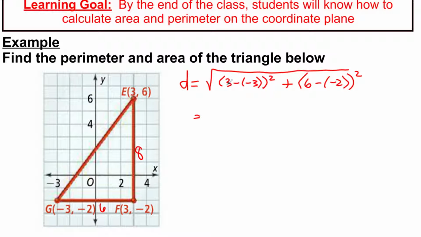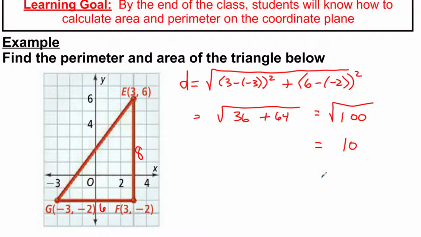If I simplify this, 3 minus negative 3 is positive 6 squared, which is 36. And 6 minus negative 2 is 8, and 8 squared is 64. So if I add together 36 and 64 in the radical, I get 100, and that makes this exactly 10 units long.